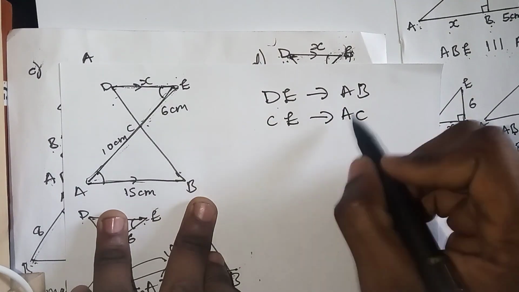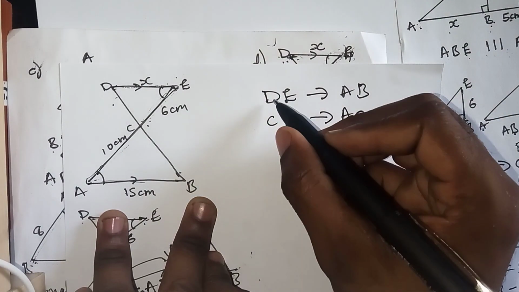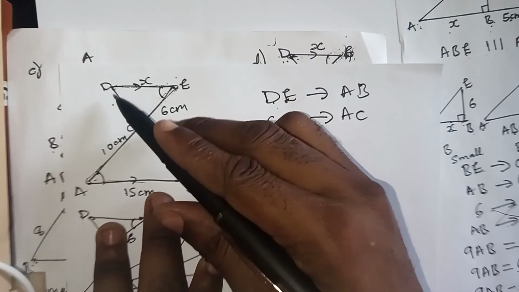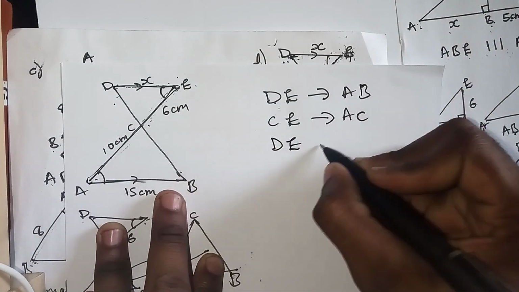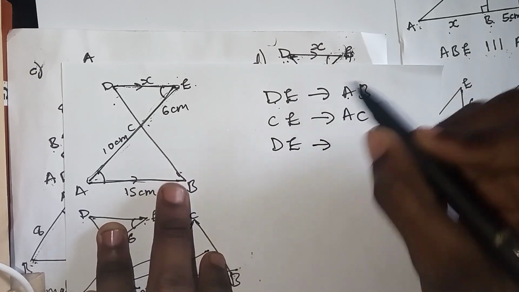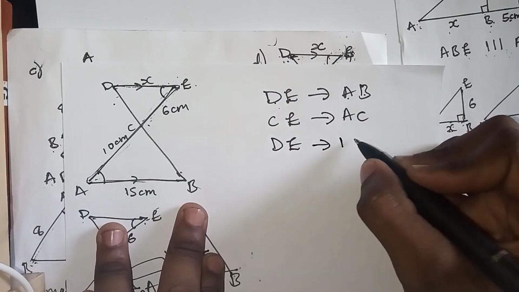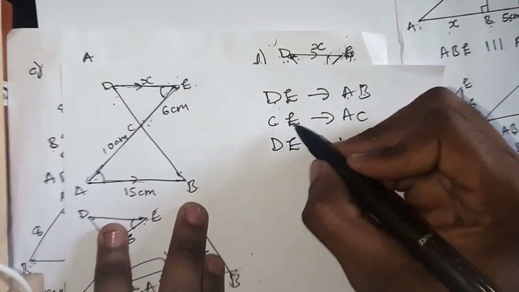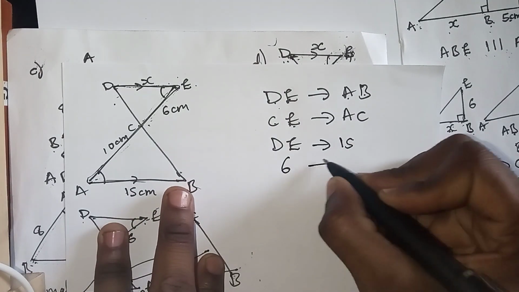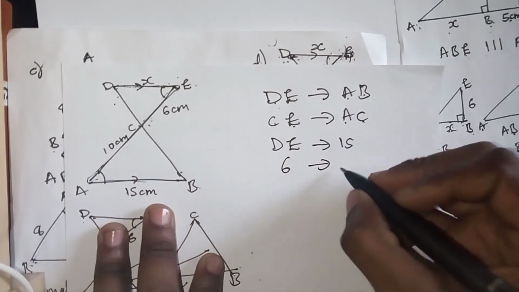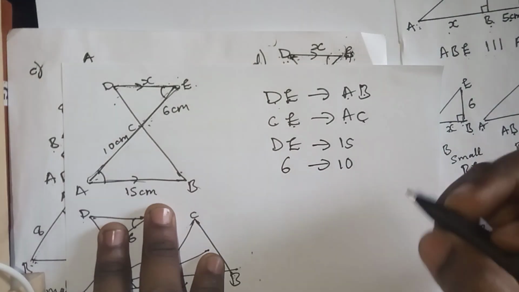And then you can just substitute the numbers in. DE is unknown, so you can leave it as DE. Then AB is 15 centimeters. CE is 6 centimeters to AC which is 10 centimeters.